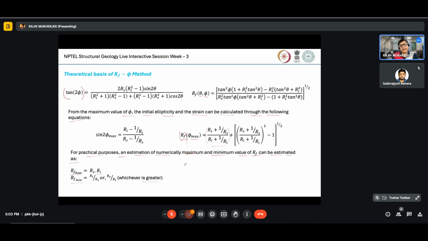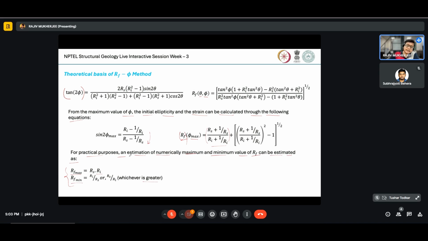So these are the theoretical considerations from which we get these reduced formulas, and these are helpful for practical analysis of strain.